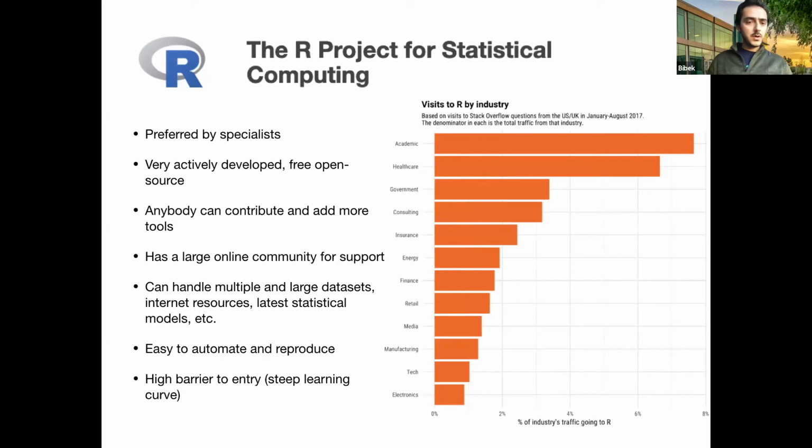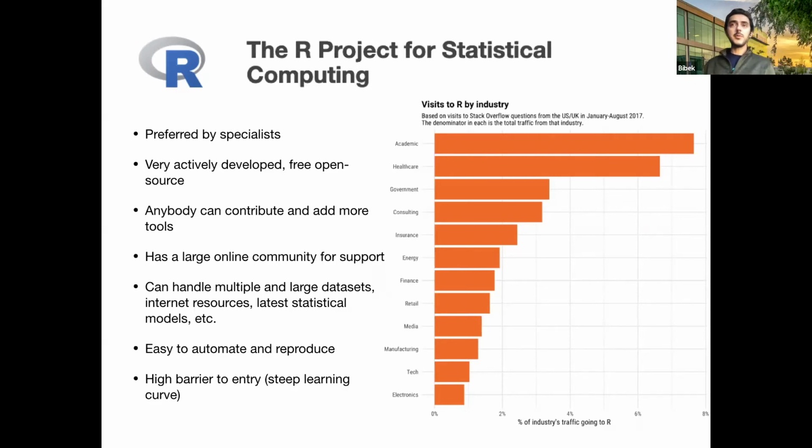When you talk of specialization in R, you can look at this graphic again from Stack Overflow. It breaks down the industry of people who visit questions related to R. And you can see that the large majority of people are from academic institutions or healthcare, which means they are researchers or professionals working in bioinformatics, and then government, consulting, and so on.